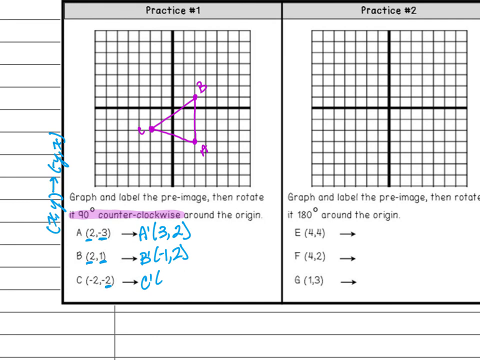My Y becomes my X and changes signs, and my X becomes my Y and stays the same. So I've got 3, 2, 1, 2, 3, 1, 2. That's A prime. -1, 2 is B prime. And C prime is 2, C prime.